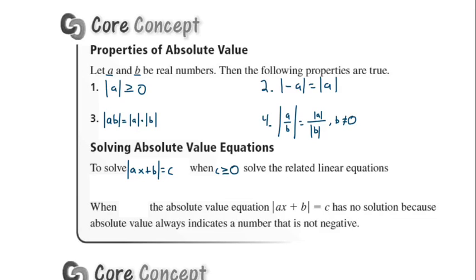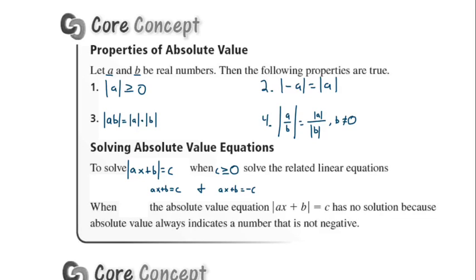We solve it by writing two linear equations. One of them is ax plus b equals c. The other one is ax plus b equals negative c. Okay, we have to solve both of those.